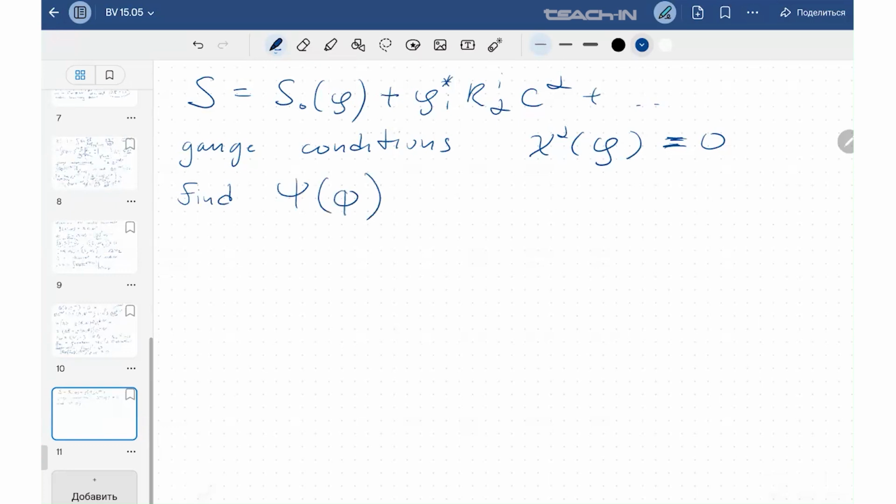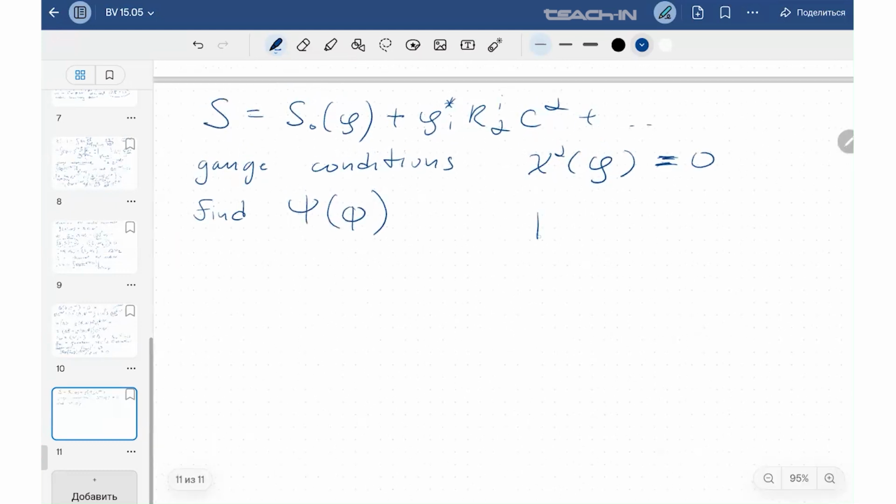But we immediately fail. Why? Because our fields phi are just fields in degree 0 and ghosts. We don't have more variables. So these have degree 0, these have degree 1. So we can't find a function of fields which has degree -1. So somehow it doesn't want to work.